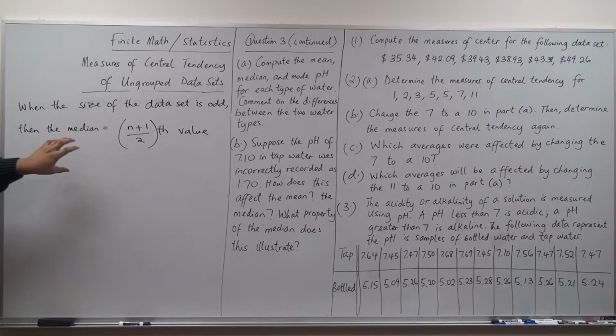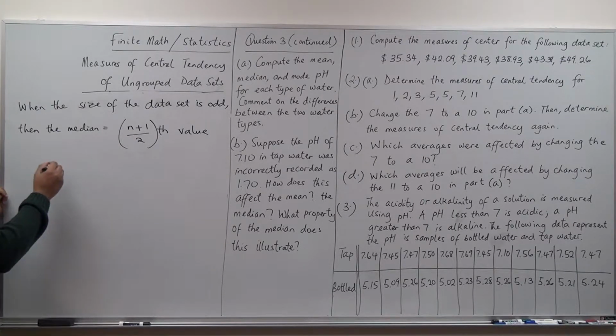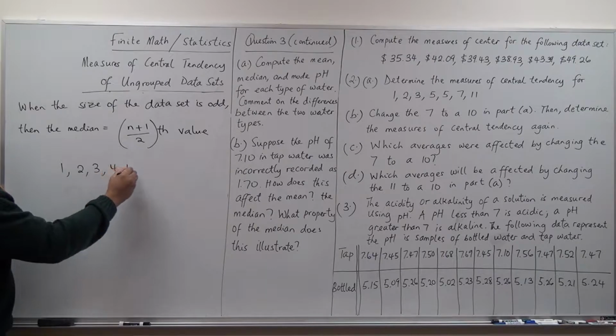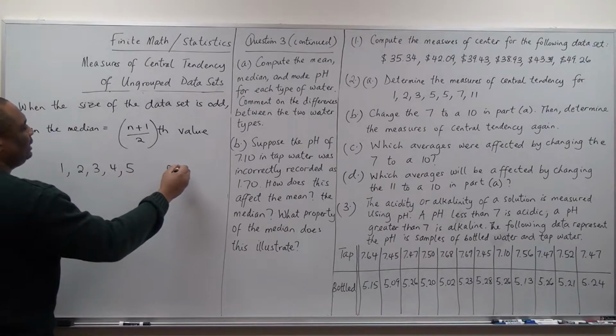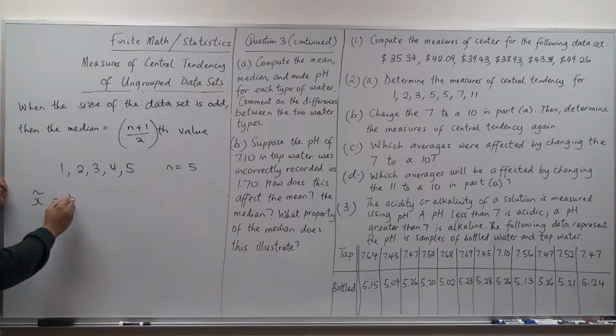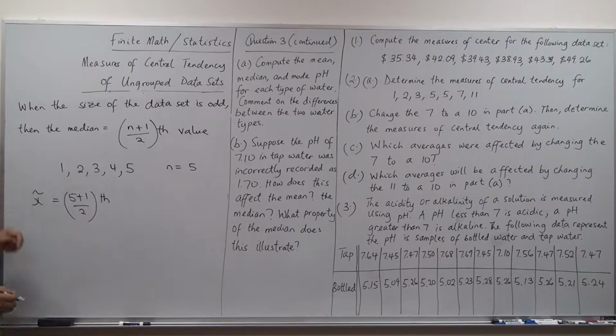Because if you have, like the one we just did, 1, 2, 3, 4, 5, in this case, our n is 5, n is odd. So the median, x meander, will be, we have 5 plus 1 over 2 value.